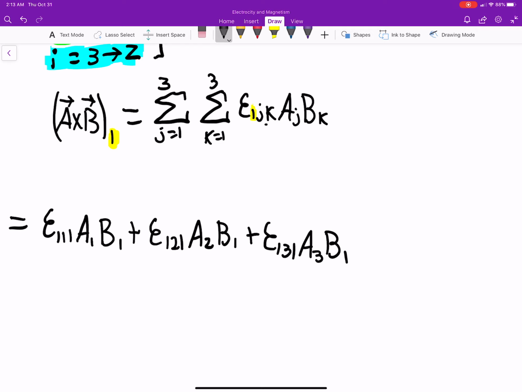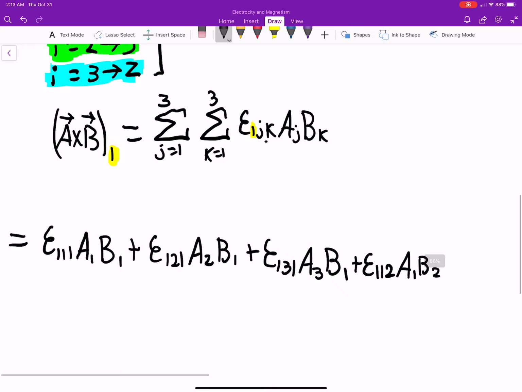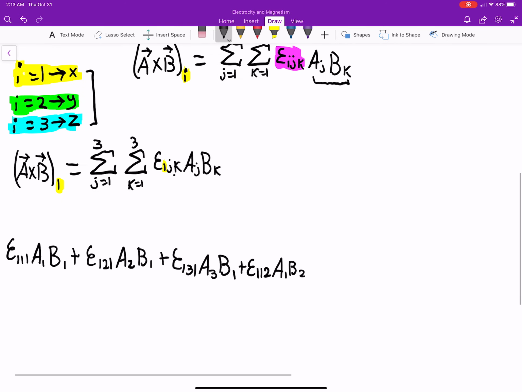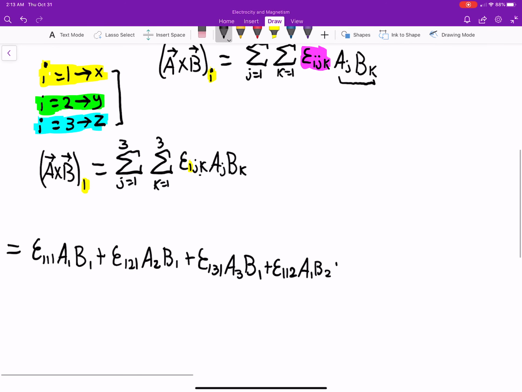Let's see, plus, let's say 1, 1, 2. So that's A1, B2, plus, let's do epsilon 1, 1, 3. So that's A1, B3.